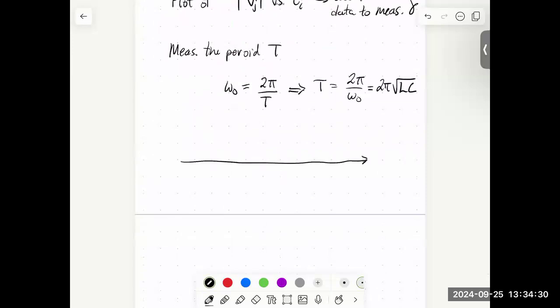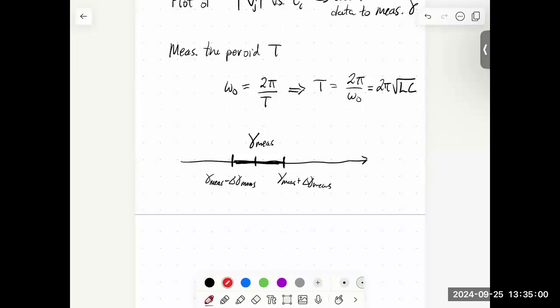And so your gamma measured was right here, and then your uncertainty range was something like this. So this would be gamma measured minus delta gamma measured, and then over here you'd have gamma measured plus delta gamma measured, right?